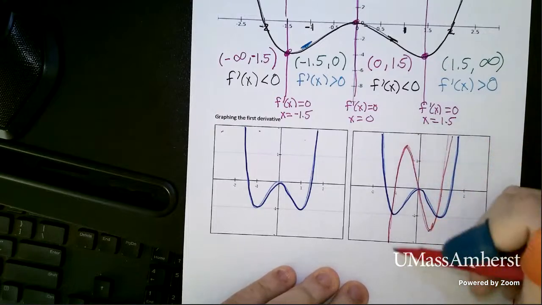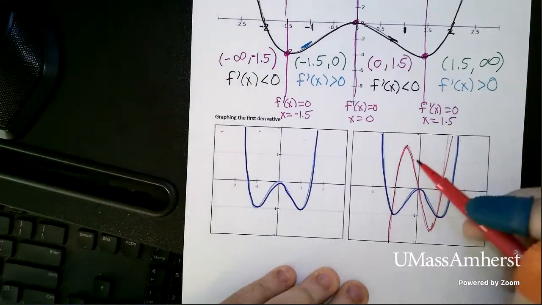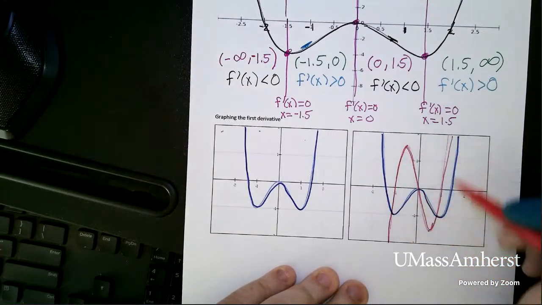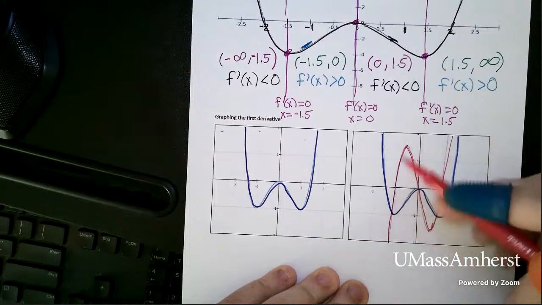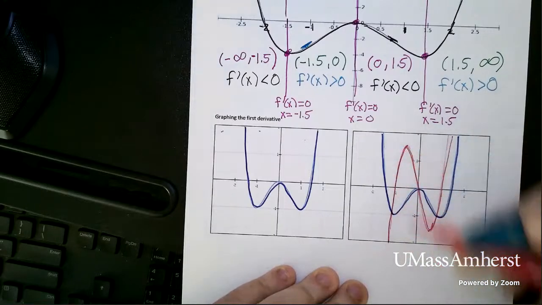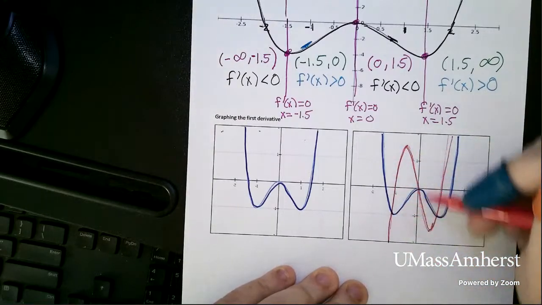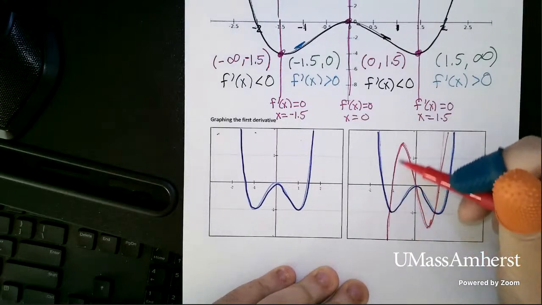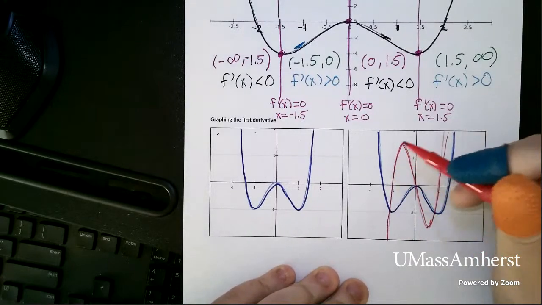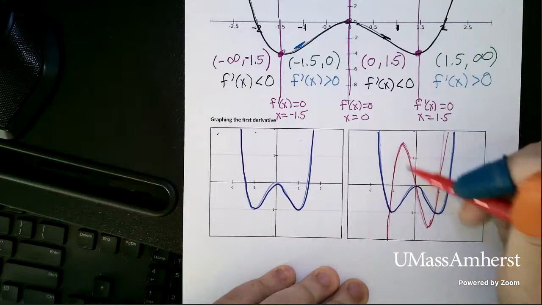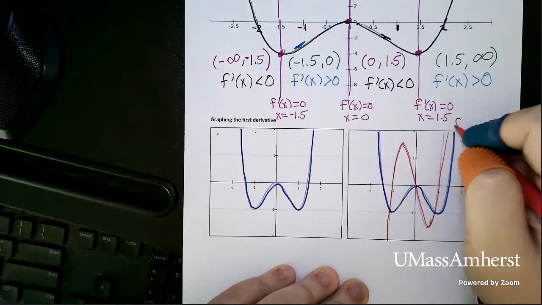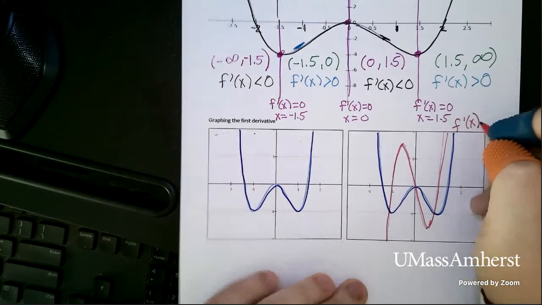And what I do is I sort of smooth out those lines, right? We don't want sharp edges because these are curvy, but it's the same translation. So if you have a U, you have an upward sloping line. If you have a hill, you have a downward sloping line. And then we just connect the curves smoothly to make the full picture. So this is the derivative here, okay?